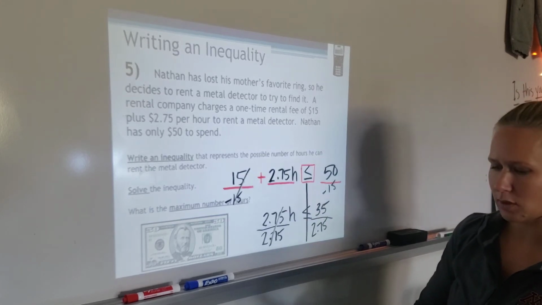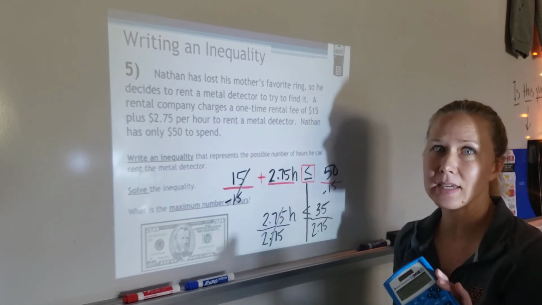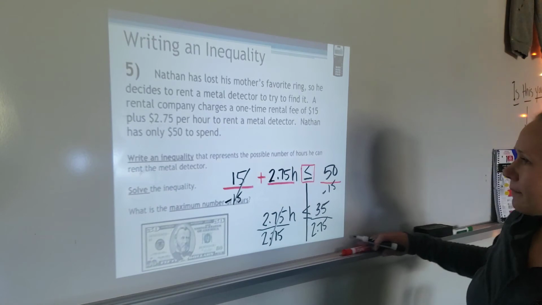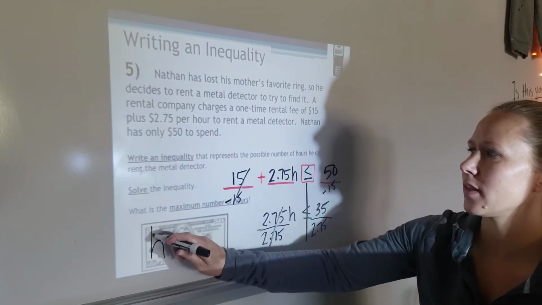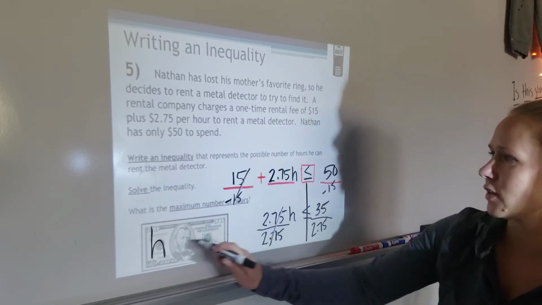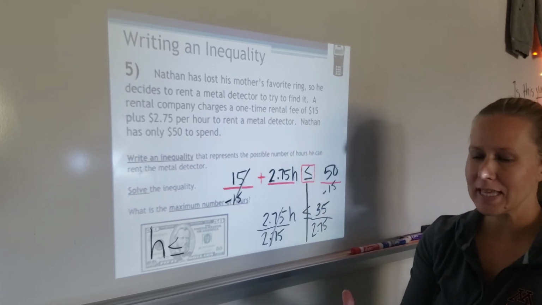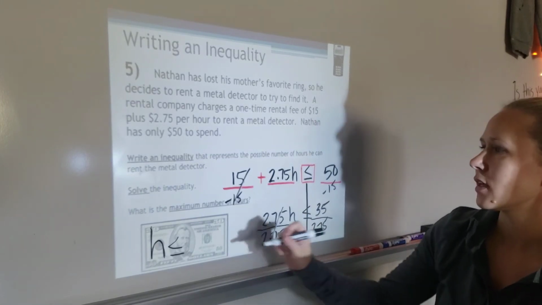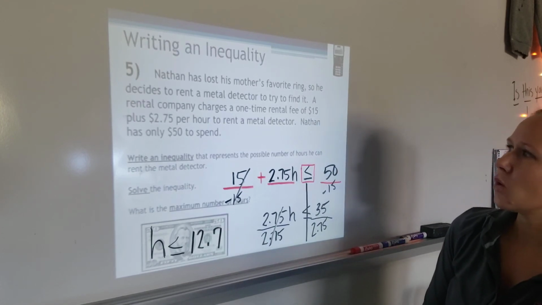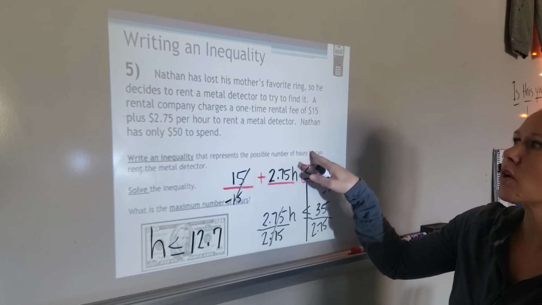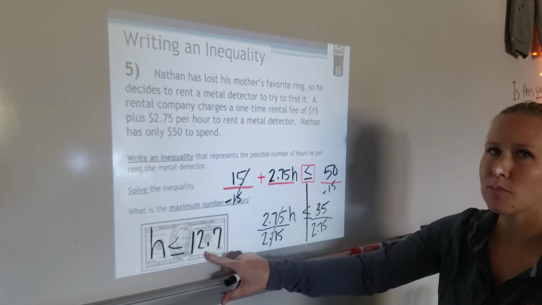Typing in 35 divided by $2.75 an hour. Okay, so I'm getting a decimal. I'll put my answer right here. So H, the number of hours, carry over the sign, is less than or equal to, and I'm getting 12.7 if I go to the tenths place. So to write an inequality to represent the possible number of hours: the number of hours would have to be less than or equal to 12.7.